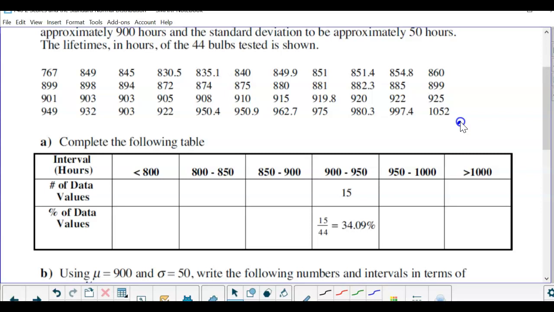We'll include 800 to basically 849.99, and then 850 to 899.999, etc. Go through that and determine what percent of the data values are in each interval. I'll give you a couple minutes to do that.